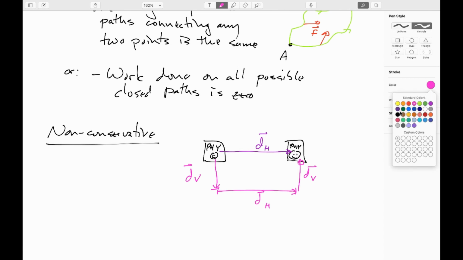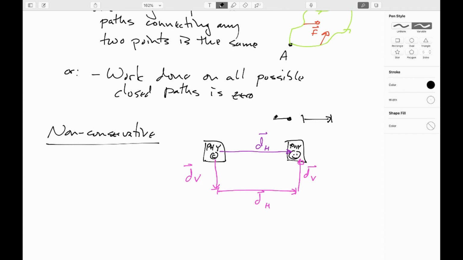For any of these displacements, if the displacement is going this way, the force of kinetic friction is going that way.